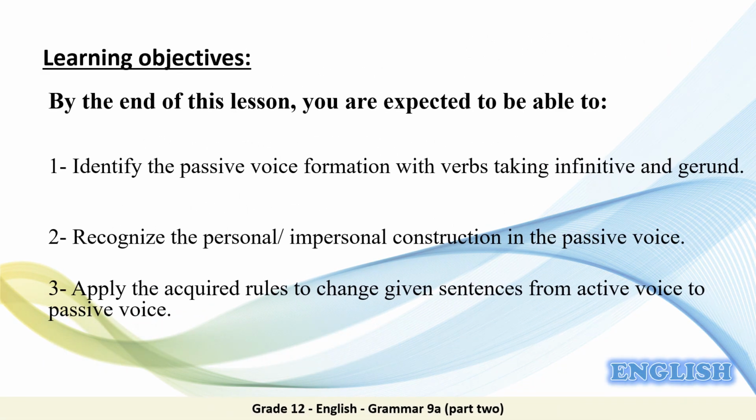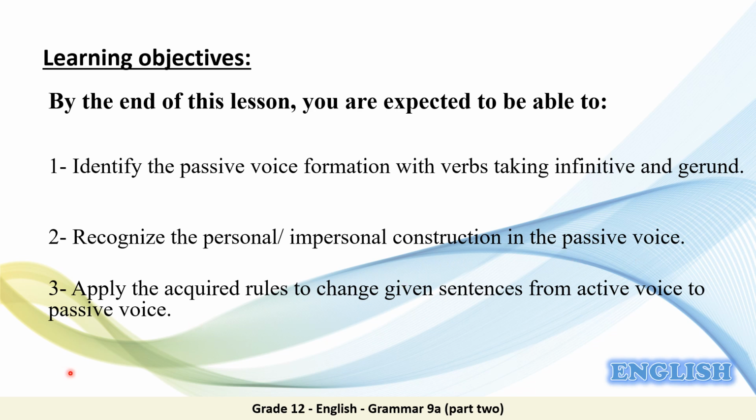We have three main objectives for today, which by the end of our lesson, you're expected to be able to achieve. Number one, identify the passive voice formation, how to form certain passive voice sentences that have some verbs taking infinitive and gerund. Two, recognize the personal or impersonal construction in the passive voice.